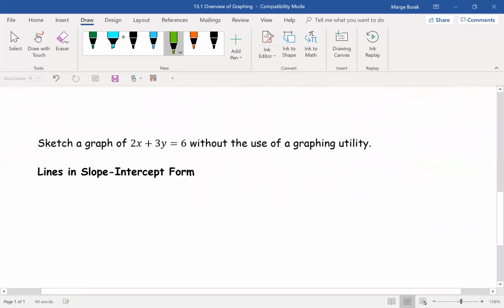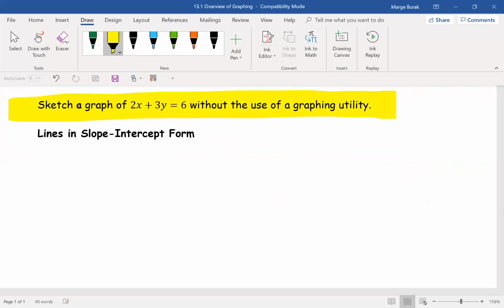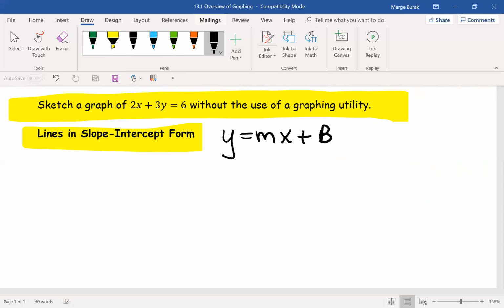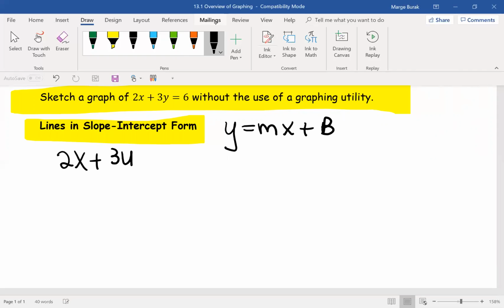All right, how about the last method, which is, just to remind you, slope-intercept form, okay? That would be y equals mx plus b. So if you take any line, and like I said, this one is rigged, 2 and 3 go into 6, any line, and you solve it for y, it's in slope-intercept form, okay?